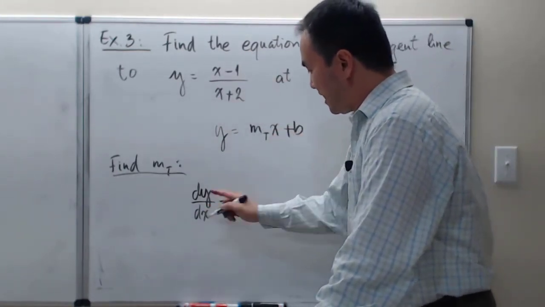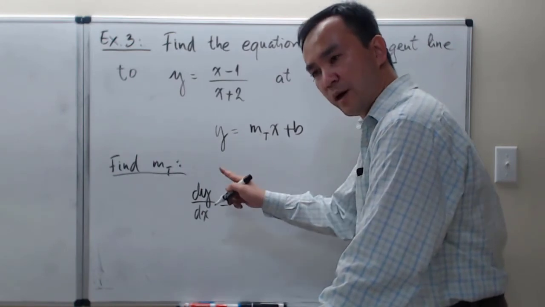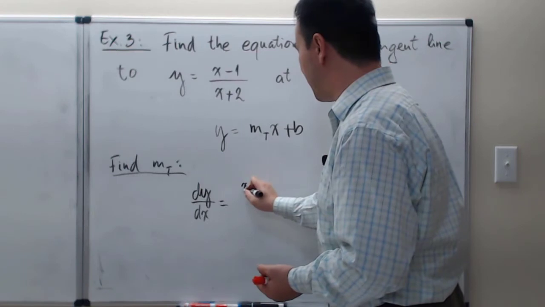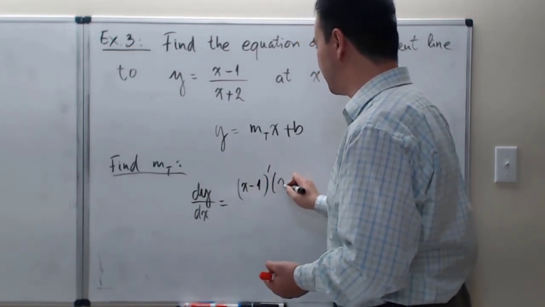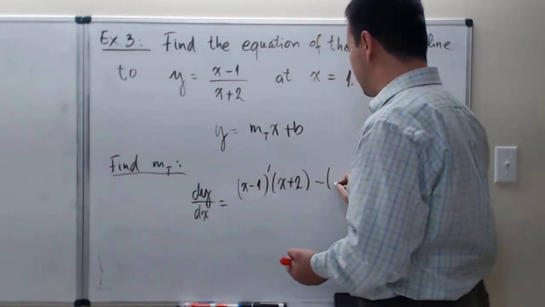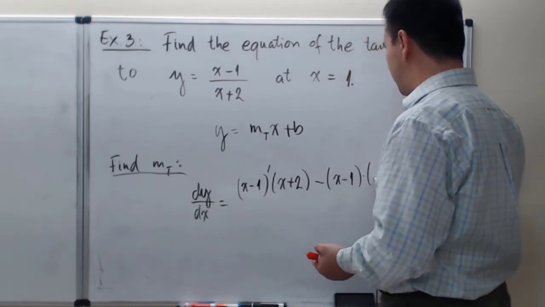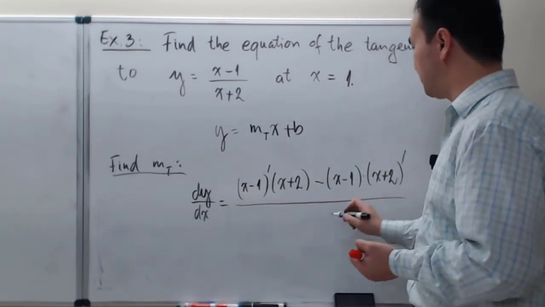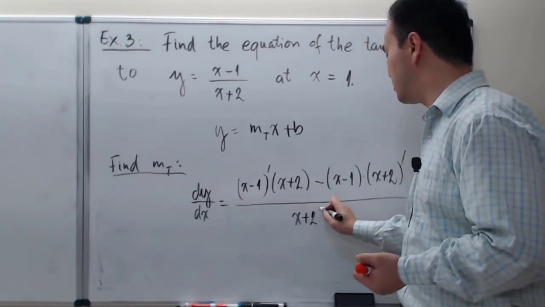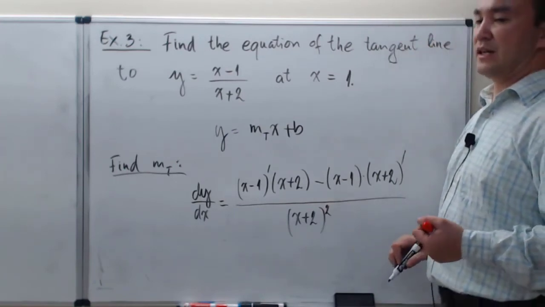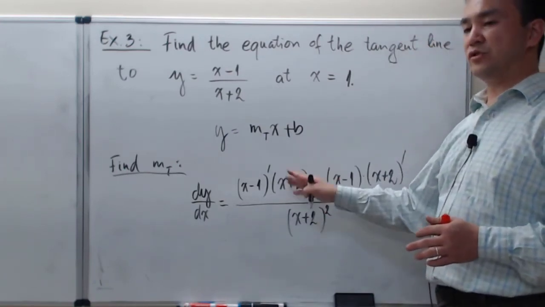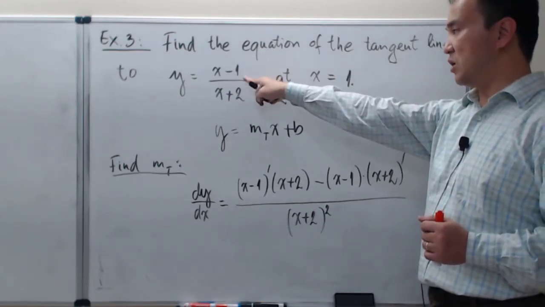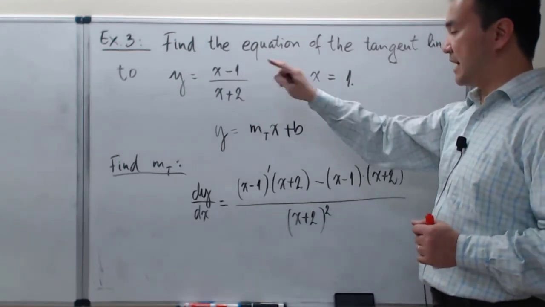And so dy dx here, according to the quotient rule, is x minus 1 prime times x plus 2, minus x minus 1 times x plus 2 prime, and we're dividing all of that by x plus 2 all squared. This is just setting up, indicating that I'm about to use the quotient rule to get the derivative of my function y equals x minus 1 all over x plus 2.